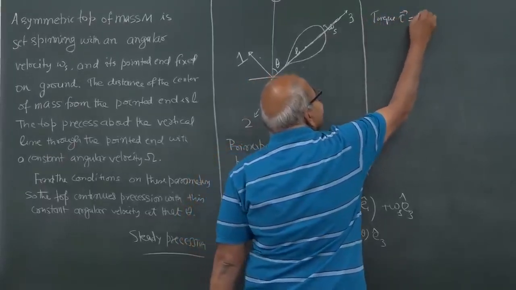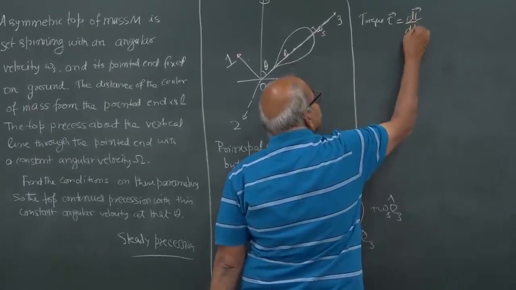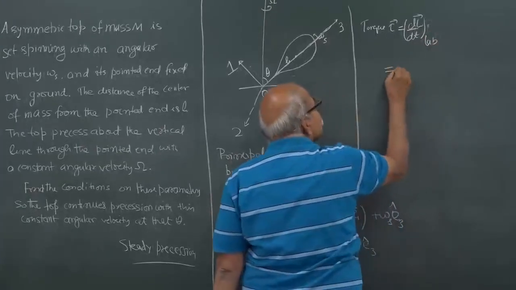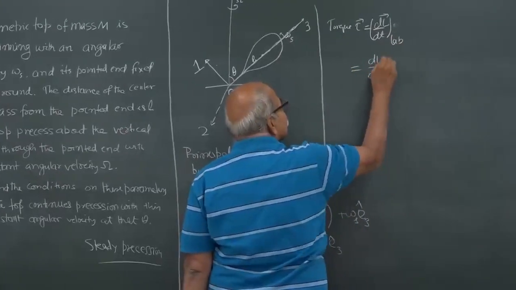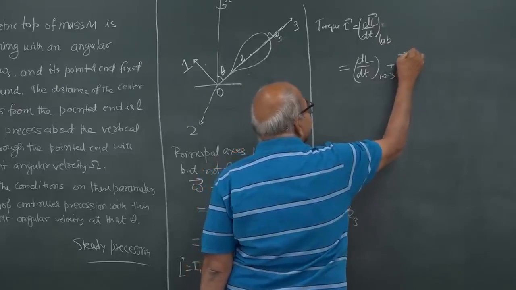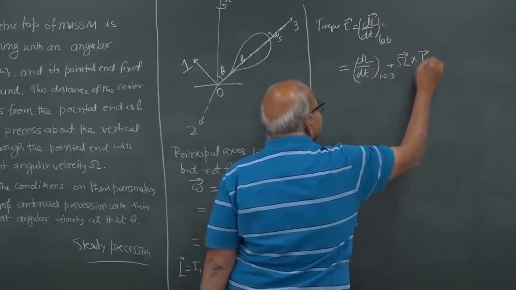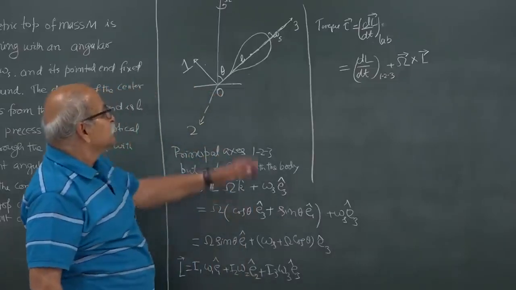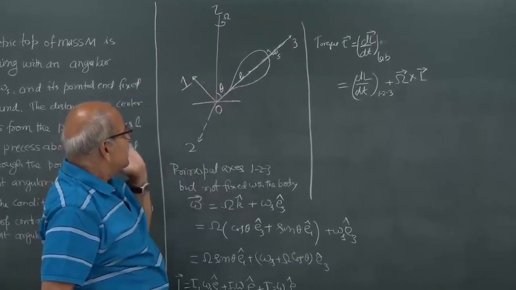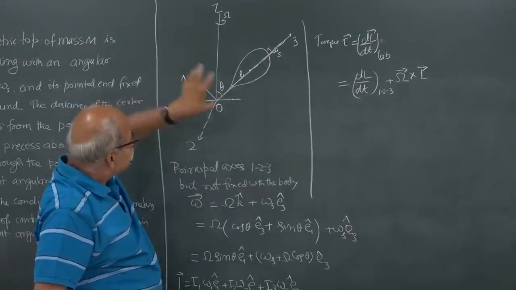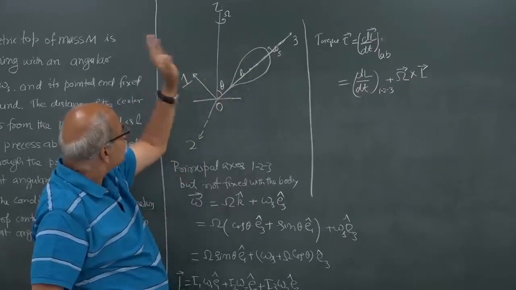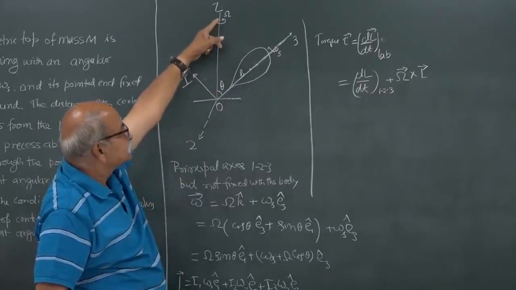Okay, so this is it, and the torque tau, which is dL/dt, that is in our lab frame, is equal to dL/dt in the rotating 1 2 3 frame, and then the 1 2 3 frame is rotating about that lab axis with capital omega, and therefore, it is capital Omega cross L. If this is the z axis, and I make an x axis and y axis fixed in the lab, then with respect to that lab frame, these 1 2 3 axes are just going around this vertical, which will be this omega.